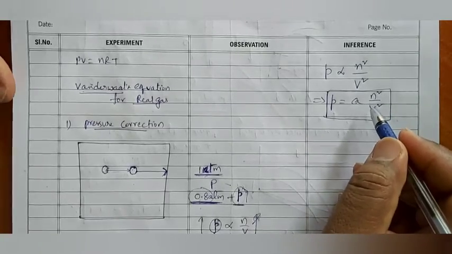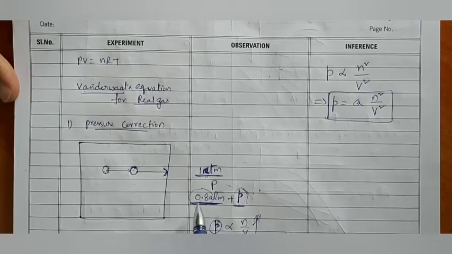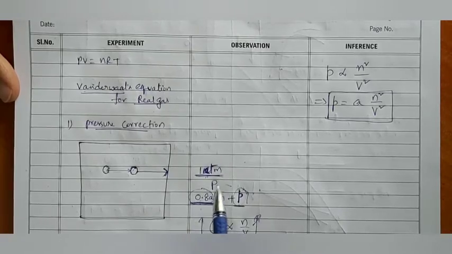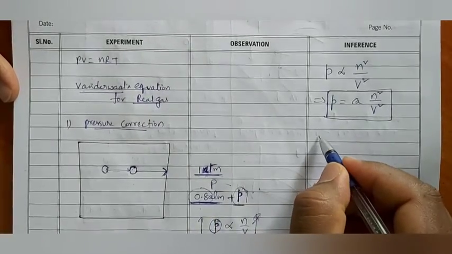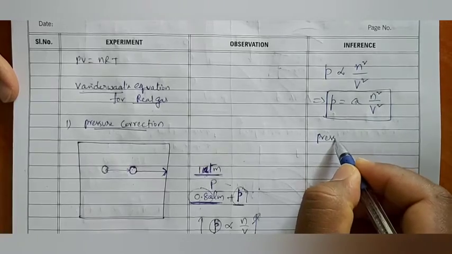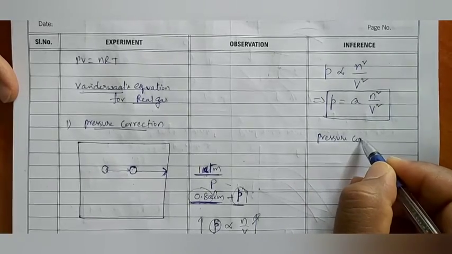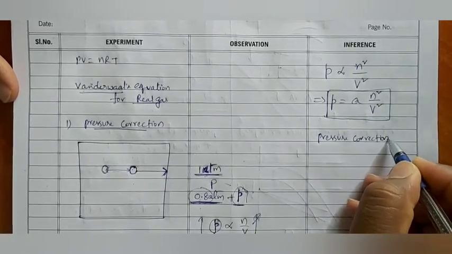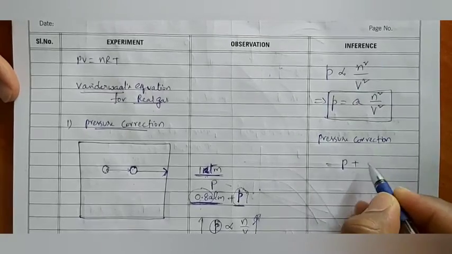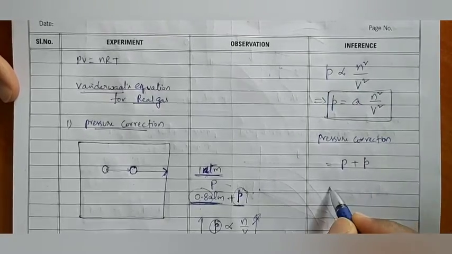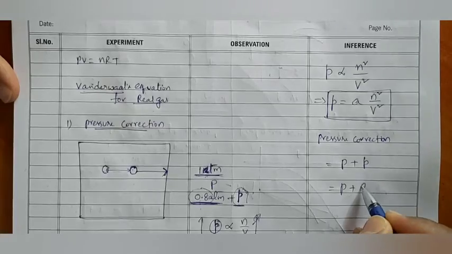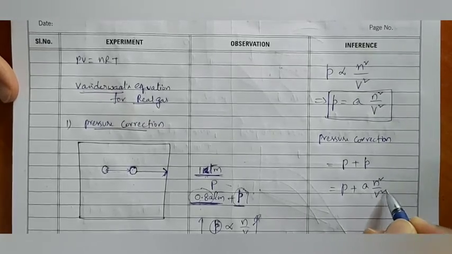If you add this to the pressure of the ideal gas, then the correction will be done. That's why the corrected pressure is equal to P plus small p, which is equal to P plus a into n square by V square.